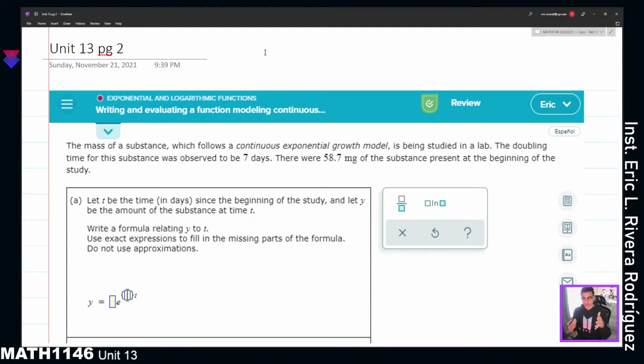It will be a financial scenario. If it is a financial scenario, would it be compounded interest or continuously compounded interest? If we are working with the law of uninhibited growth, are we working with growth or decay?